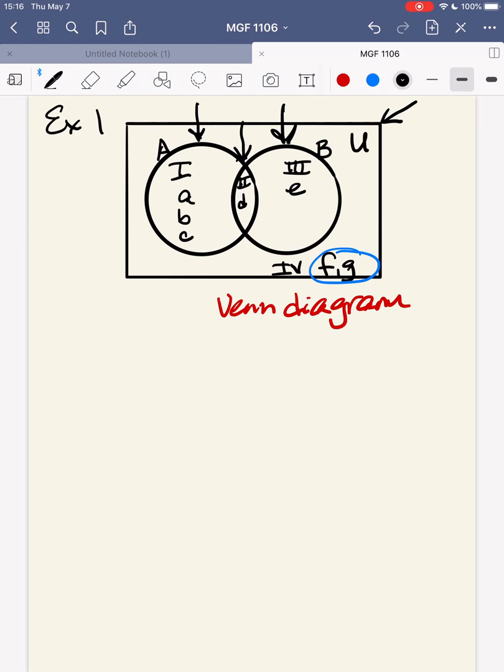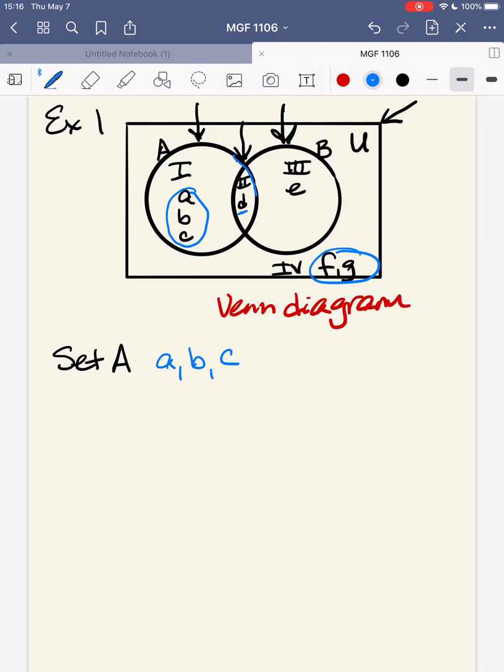Okay, so what I want to look at, I want to know what constitutes set A. Okay, set A is going to consist of these 3 letters. So A, B, and C. But remember, D here is in both.